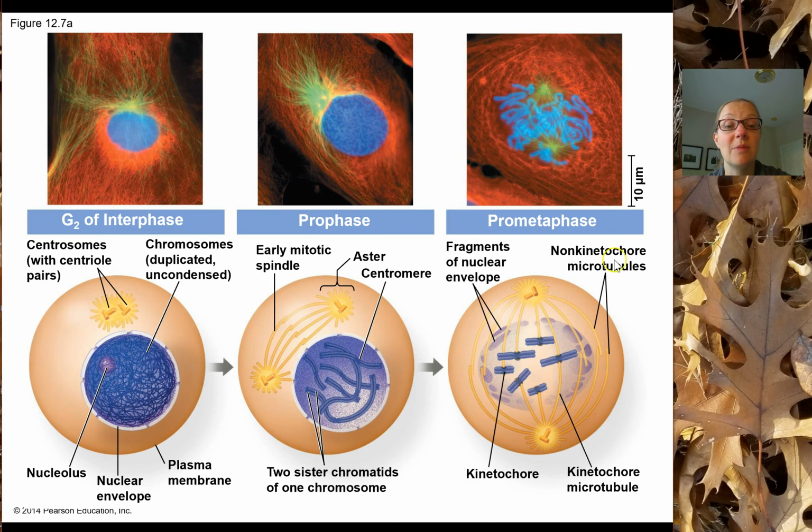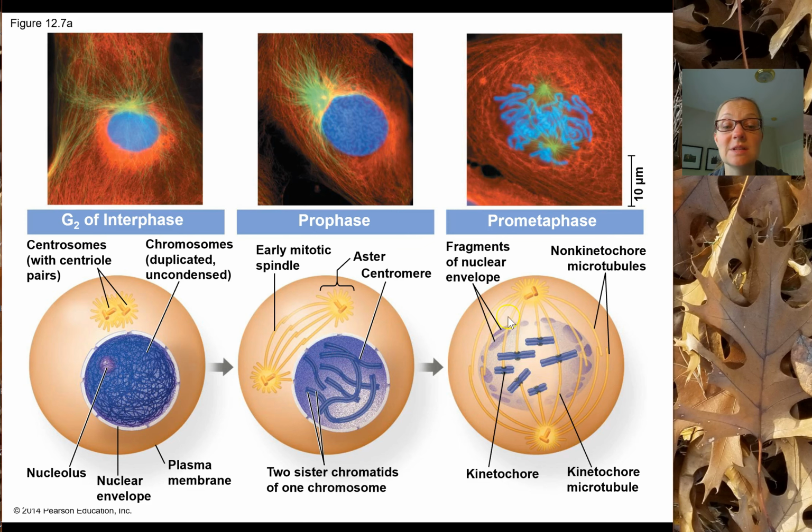Prophase then leads into prometaphase. In prometaphase, we finish a lot of things that we started in prophase. So for example, the DNA finishes condensing. The mitotic spindle is completely constructed, so both centrosomes have now moved to opposite poles of the cell, and they've extended these long microtubules towards the center here.